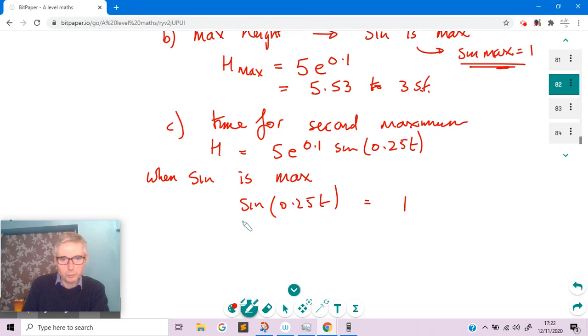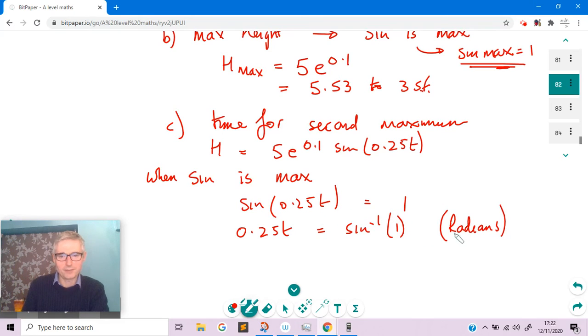And so we're looking for solutions for when 0.25t then would equal sine minus 1 of 1. And it's important to realise, by the way, we must be in radians for this. So when you're doing calculus, then you're never working in degrees, you're always working in radians.